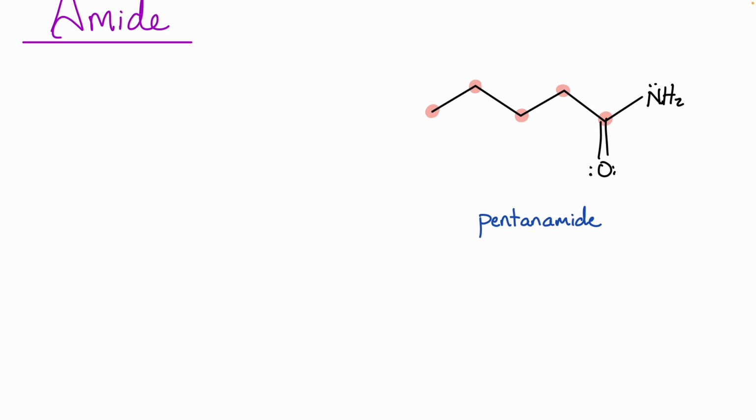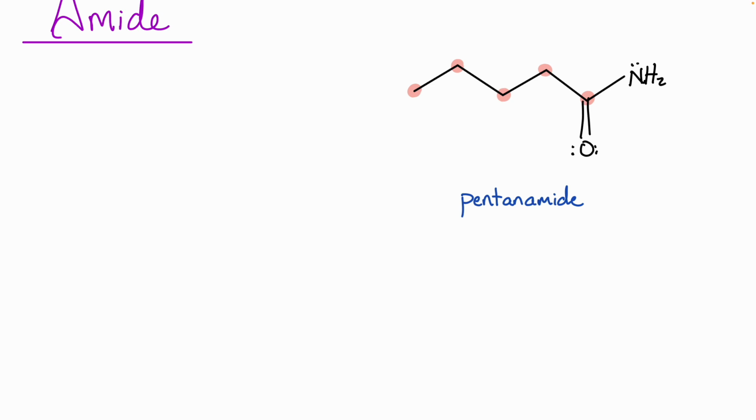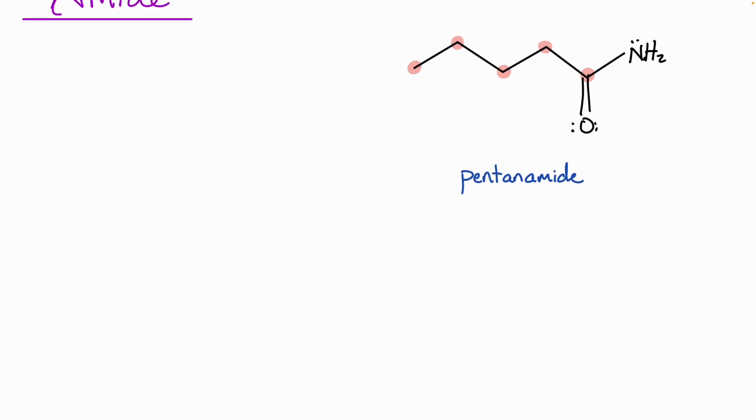But this was just a primary amide. Nitrogen can have a bunch of bonds, right? It can have up to 3 bonds. So I can also have a secondary amide, where that nitrogen is not just bound to that carbonyl carbon on the one side, but an additional carbon on the other side.